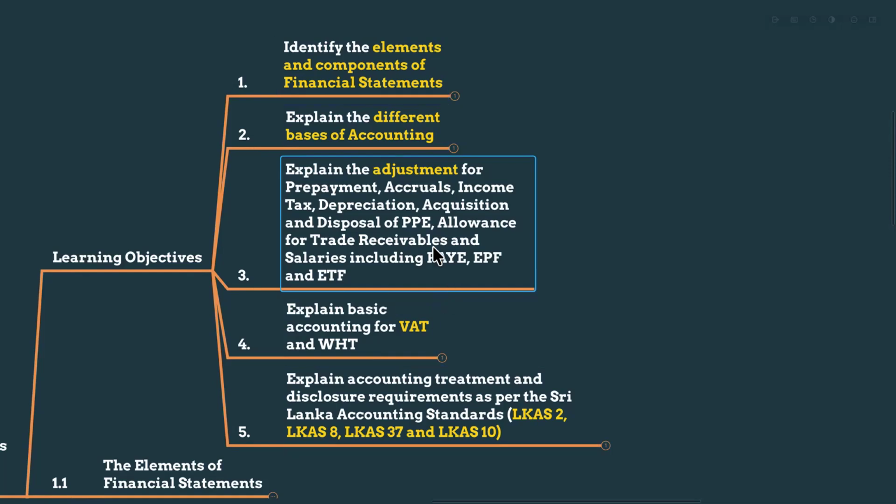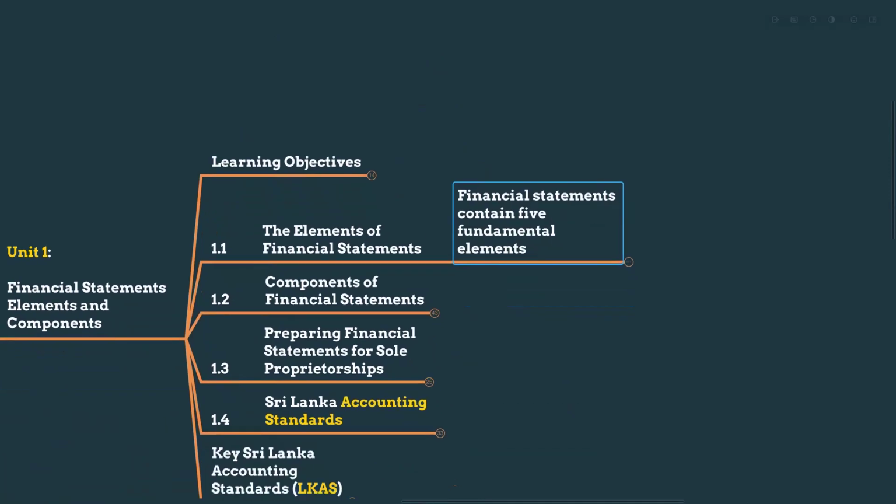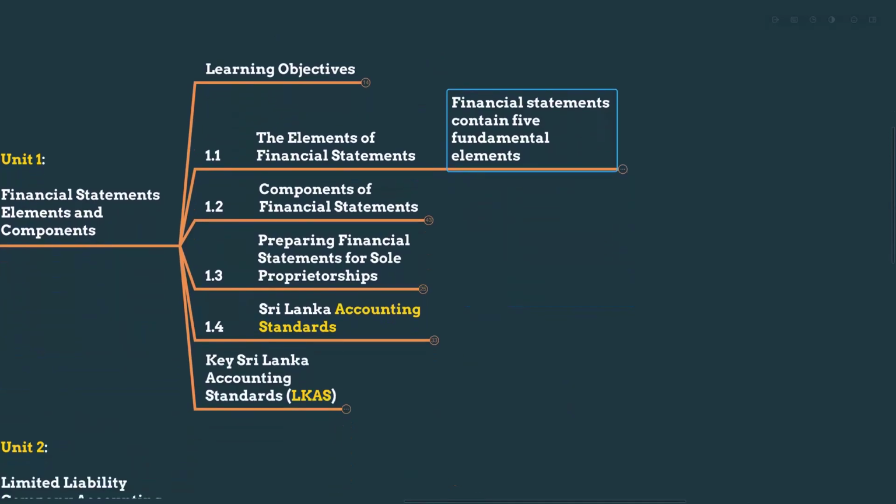Normally, my dears, this is not a theory subject, so I'm not going to talk about much theory about these adjustments. I will briefly introduce them, and after that we will directly move into the questions and attack them with these adjustments, so that it will make more sense to you in examinations also. So let's talk about 1.1, the elements of financial statements.